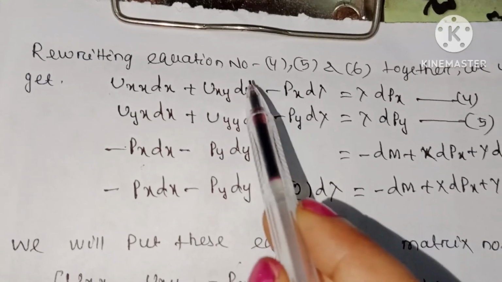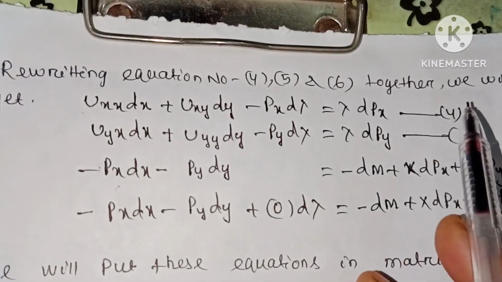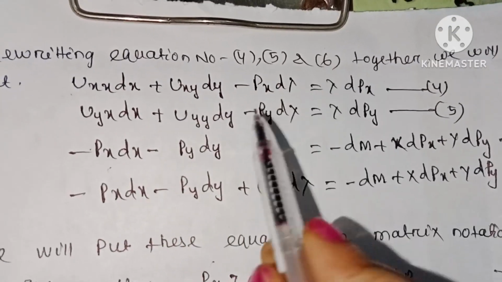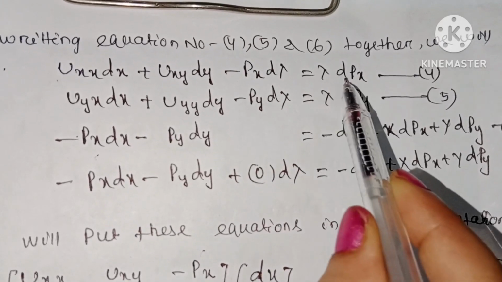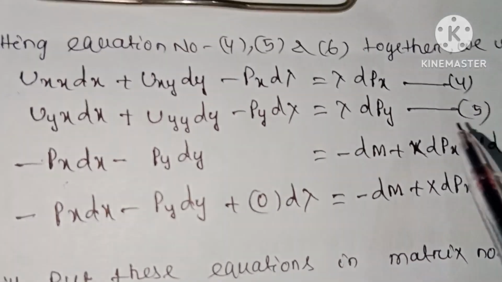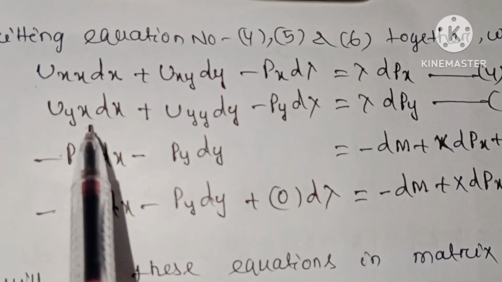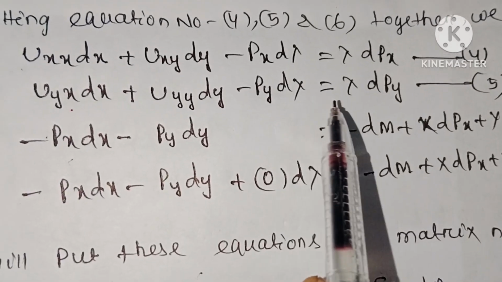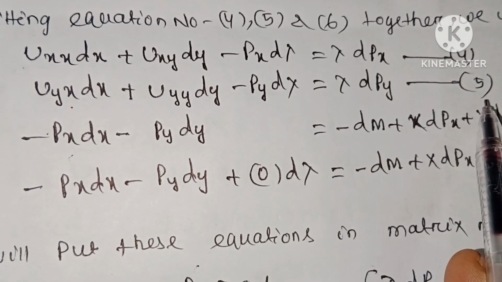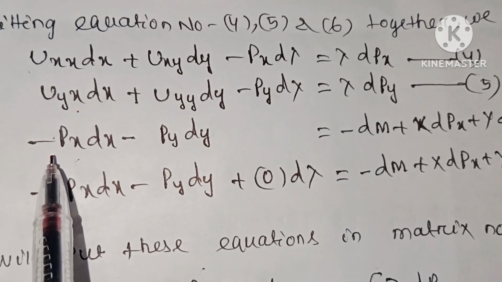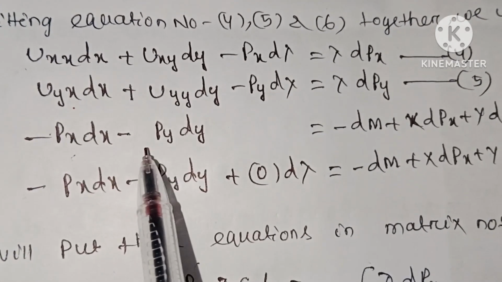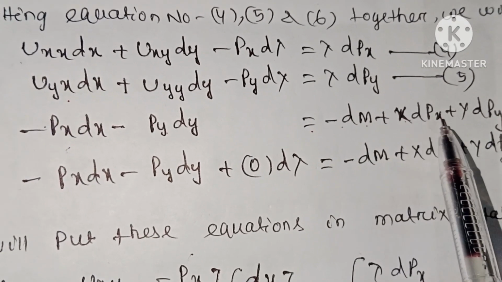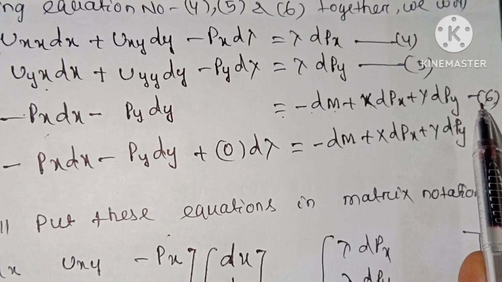Now, rewriting equations number 4, 5 and 6 together, we get: uxx dx plus uxy dy minus px d lambda equals lambda dpx, which is equation number 4; and uyx dx plus uyy dy minus py d lambda equals lambda dpy, which is equation number 5; and next, minus px dx minus py dy equals minus dm plus x dpx plus y dpy, which is equation number 6.